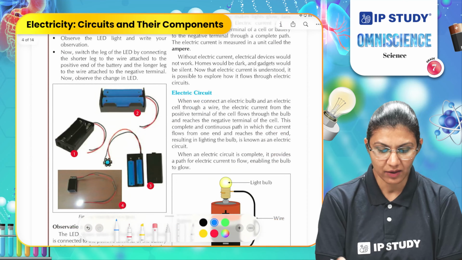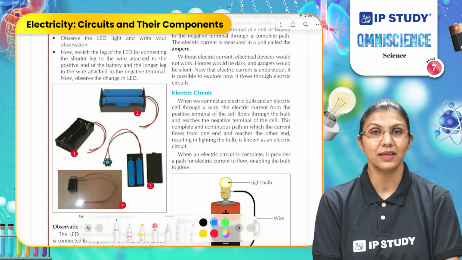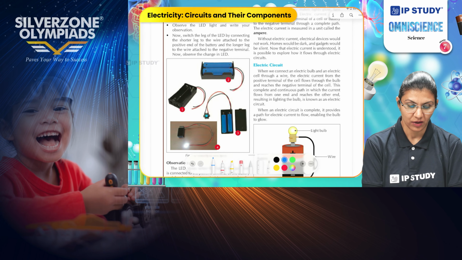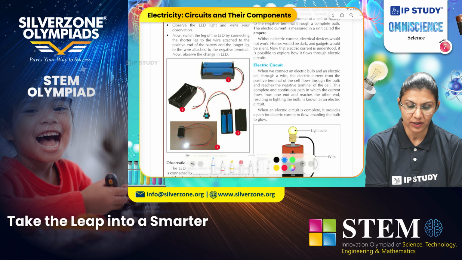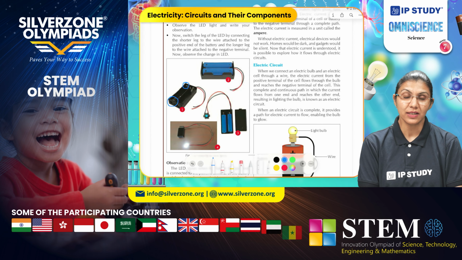Here, one more thing we can use to hold cells in a circuit is the battery case. Here you can see one end has a spring and the other end has a metal tip. So how are these used?